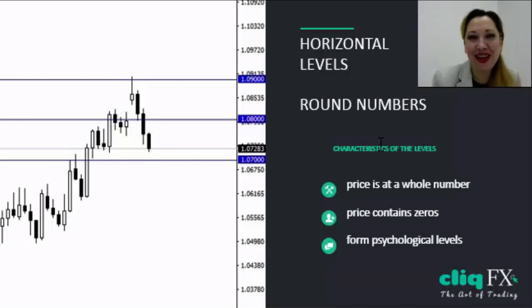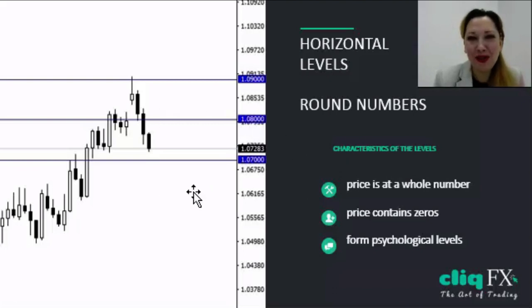And you can imagine that a lot of target orders, stop losses, and pending orders set or plotted by traders or big players are placed at these levels. They're called psychological, rather than the others.